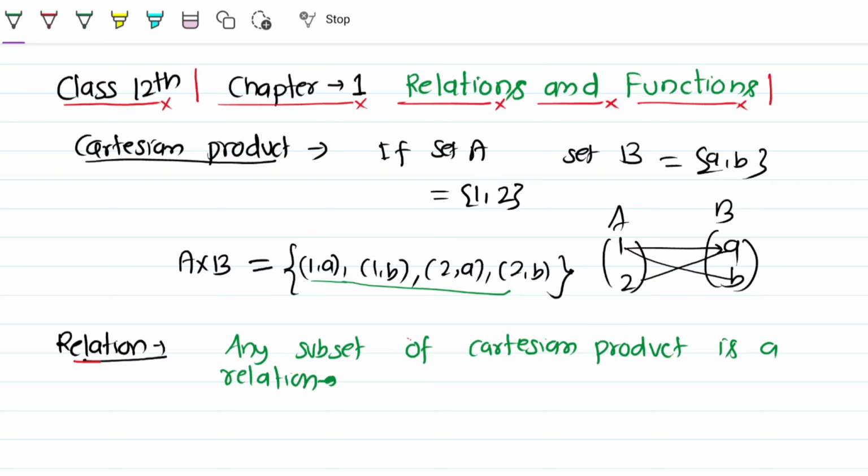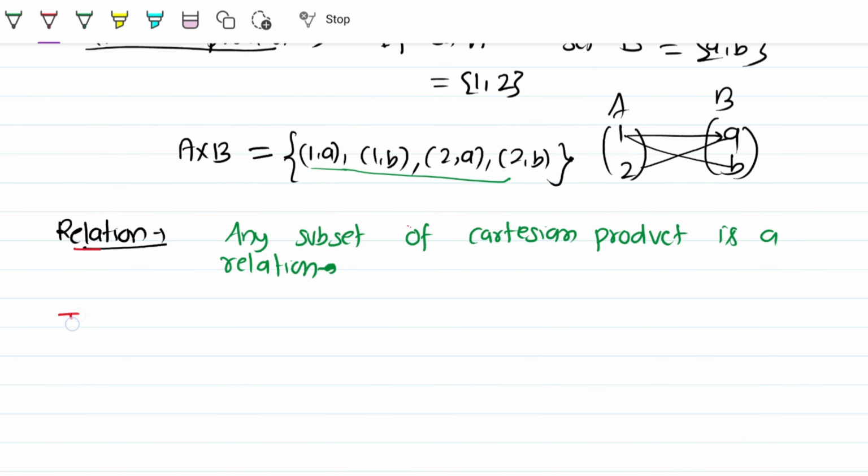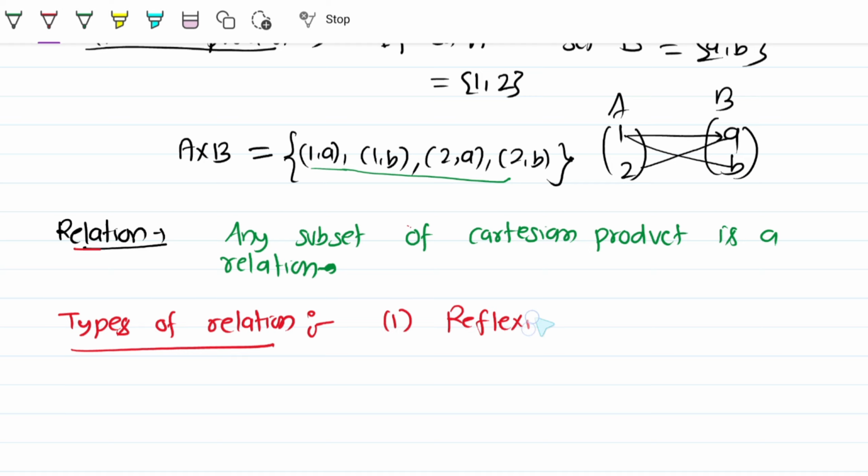So what are we going to study in this class 12th? Already you have studied relation. So here we are going to study types of relation. We will cover three types of relation. One is reflexive relation.